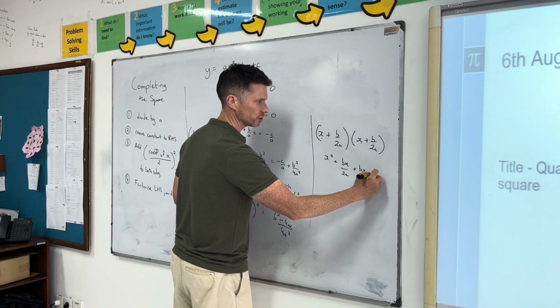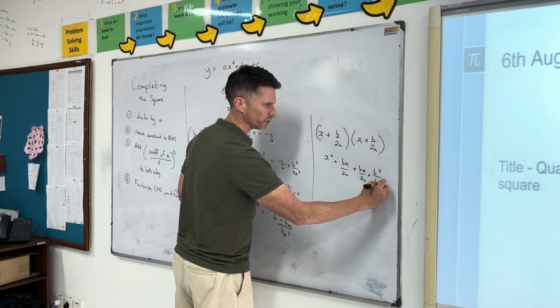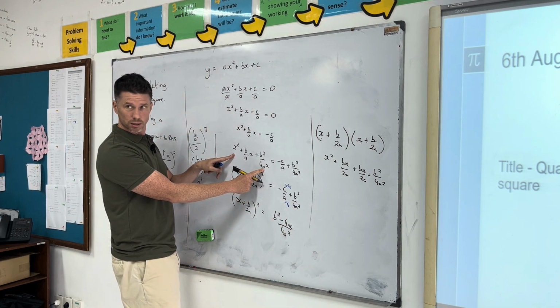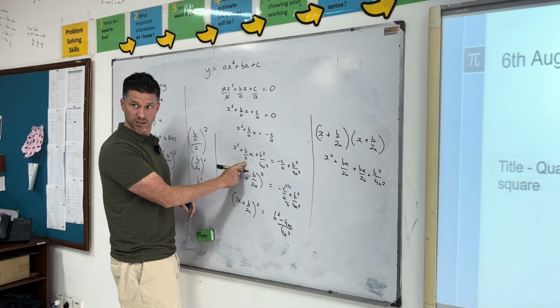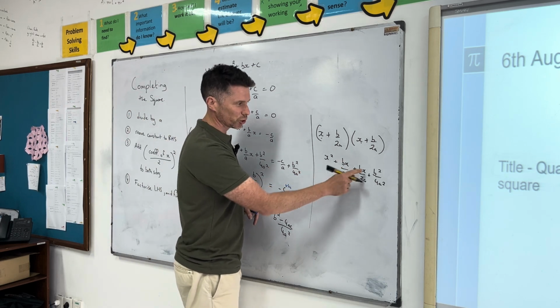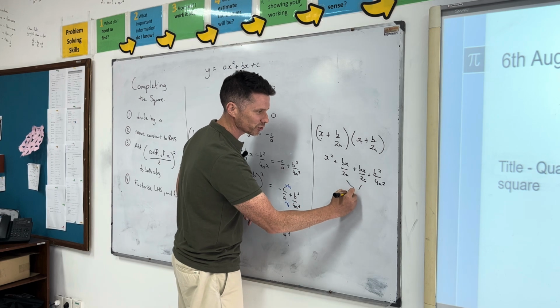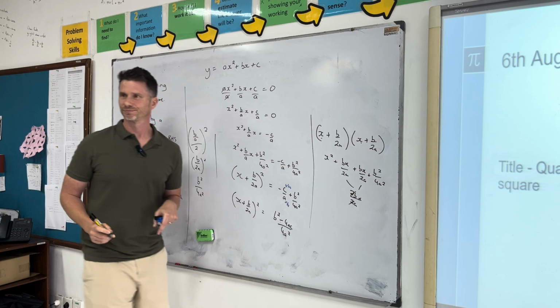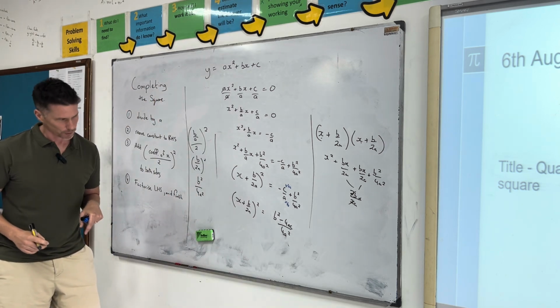And this times this is b squared all over 4a squared, yeah? So we have this and this. The middle term needs to be this, though. Okay, I got confused by x. So there's two b's, this becomes 2b over 2a times x, and the 2's cancel. Does that make sense?